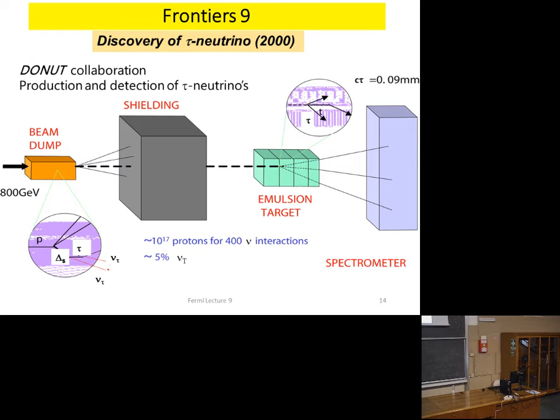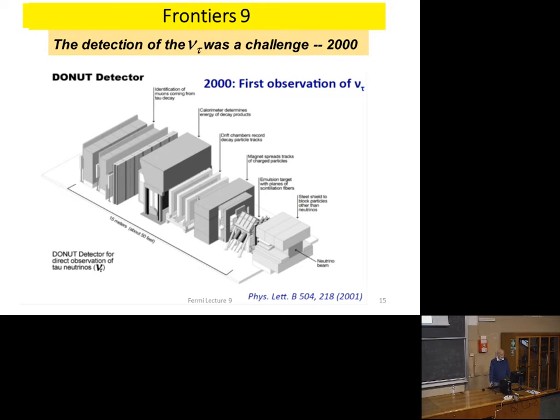So an emulsion target is in itself not very smart, but it's able to measure the very, very short distances to be able to see this kind of picture, which is what was looked for. And they succeeded in the early 2000s to make the first observation.